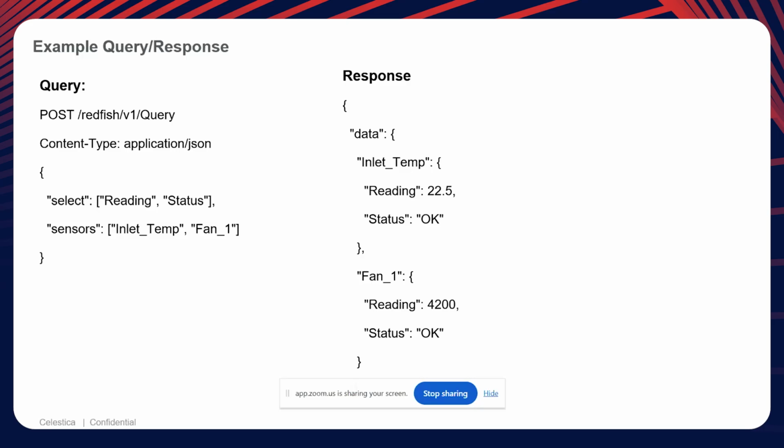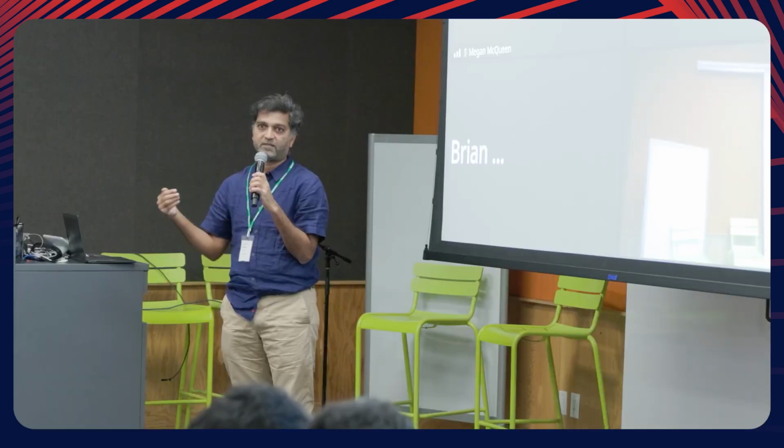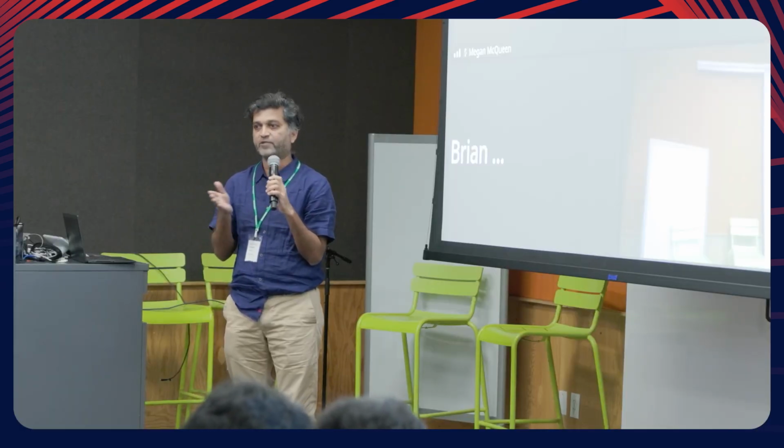So the general idea is more efficiency, reducing the number of calls that go from a Redfish client or an orchestration application to a BMC server, and hence reducing latency.